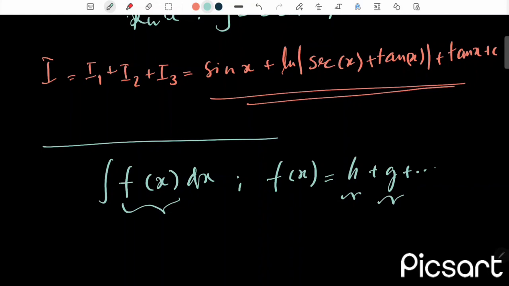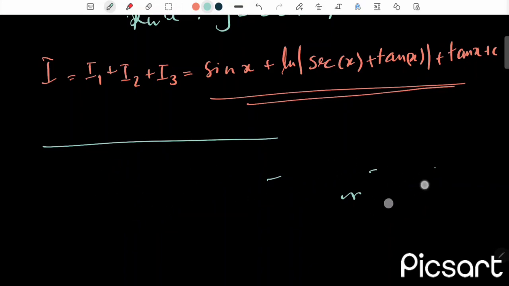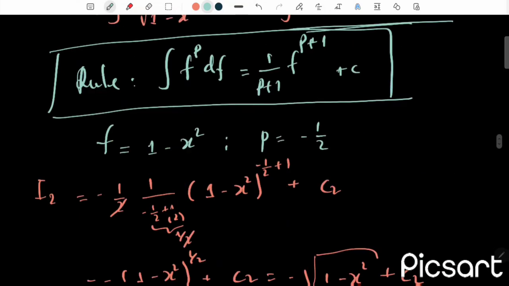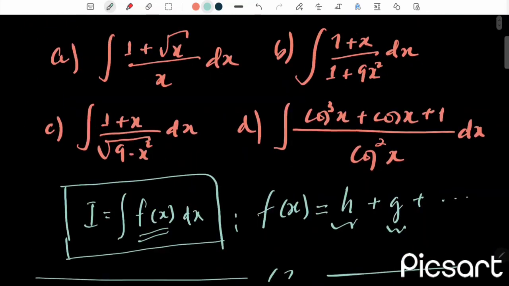Also for g and so on. For this goal we solved a set of 4 exercises, as we saw in the beginning, and we got the solution of these 4 exercises by applying the decomposition of integrals.